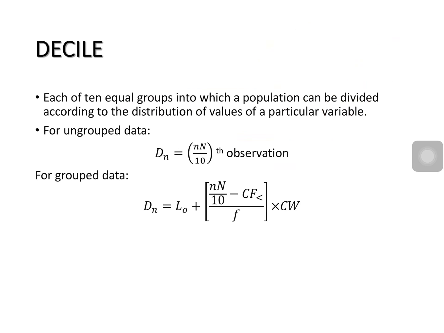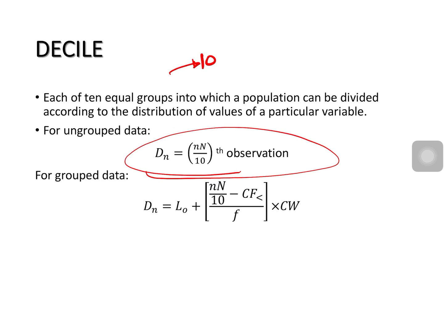So for the decile, each of 10 equal groups into which a population can be divided according to the distribution of values of a particular variable. If quartiles is by 4, percentile is by 100, then decile is by 10. For ungrouped data, we use this formula.